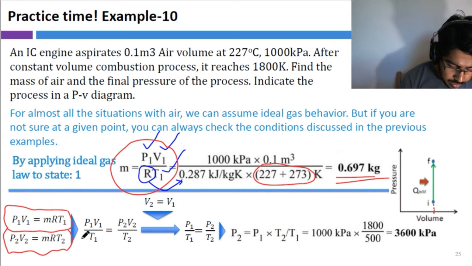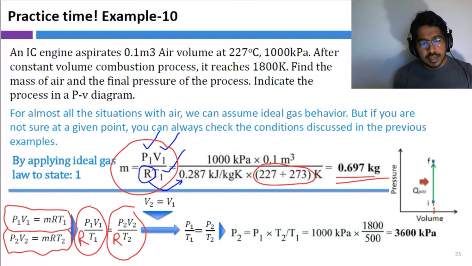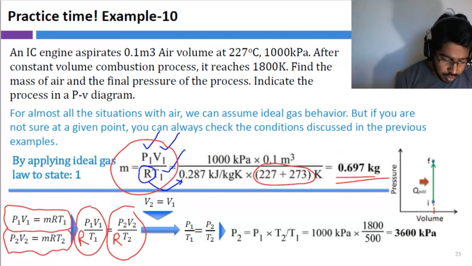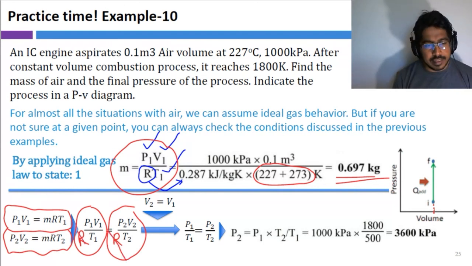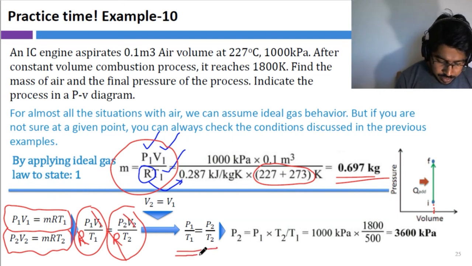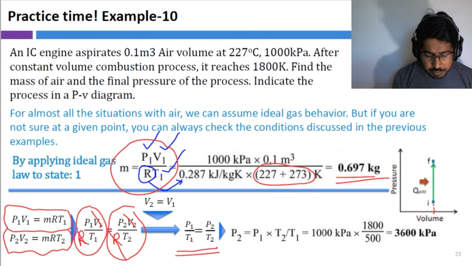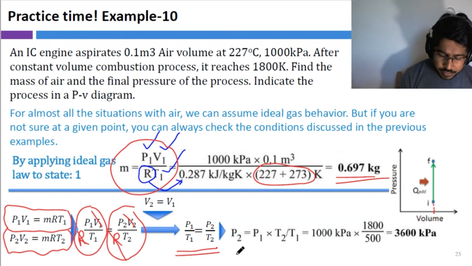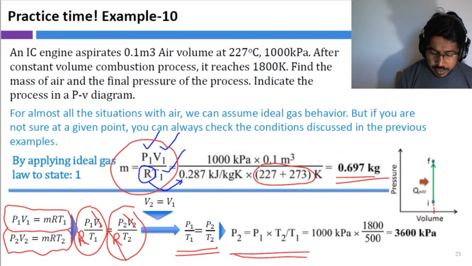So therefore m1 is this expression, m2 is this expression, and m1 equals m2 because the mass did not change, and the constant R just cancels out as it is on both sides. And this is a constant volume process, so V1 cancels out, and we arrive at P1 over T1 equals P2 over T2. From this equation we can calculate P2, with P1 known, and T2 and T1 known, so we arrive at the answer.